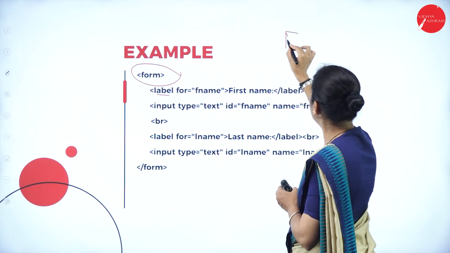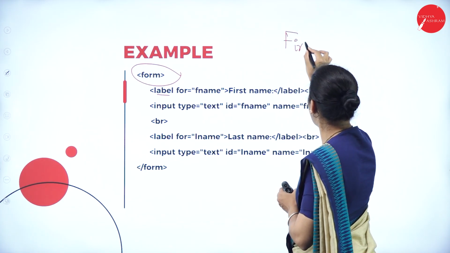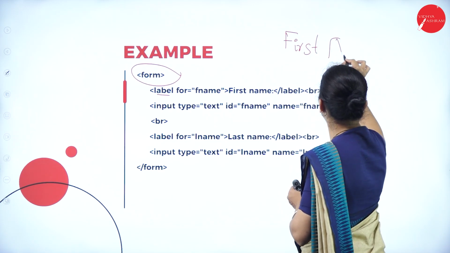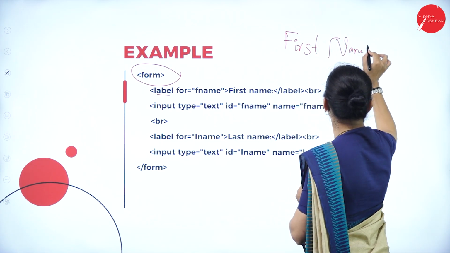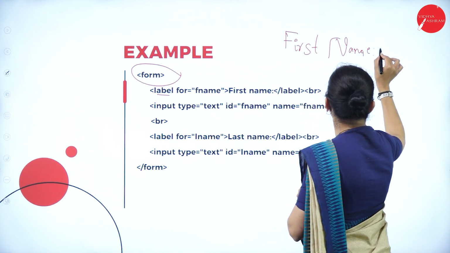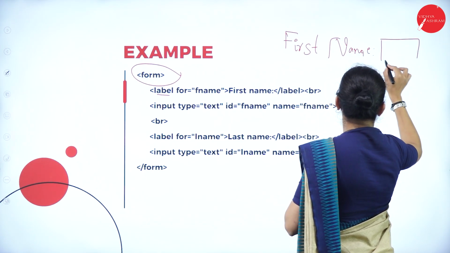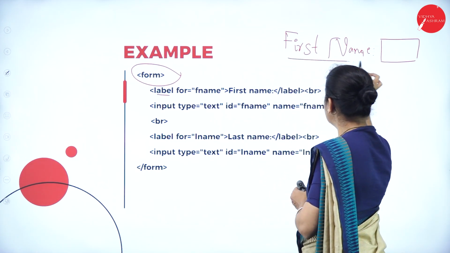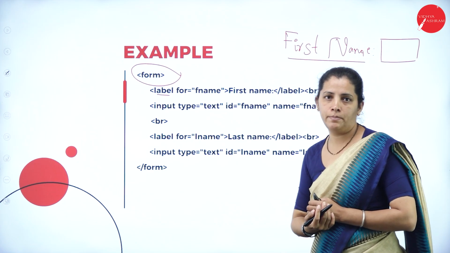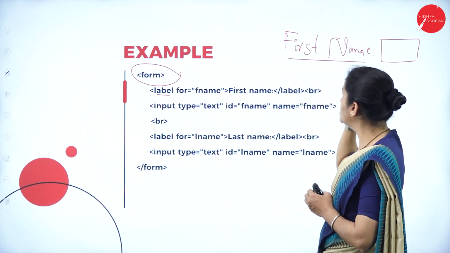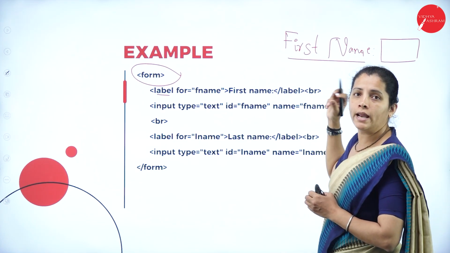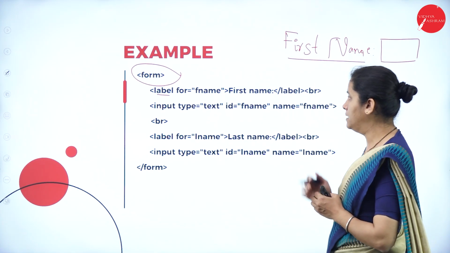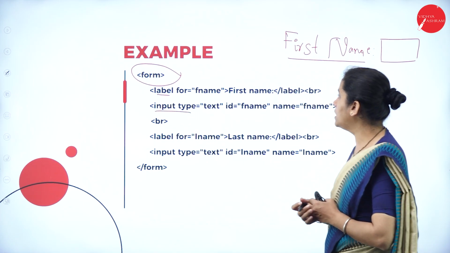I want to have the first name, and in front of this, I want to get the text box. So I'll write first name on the label, because I want to display first name on the label. So I use label.